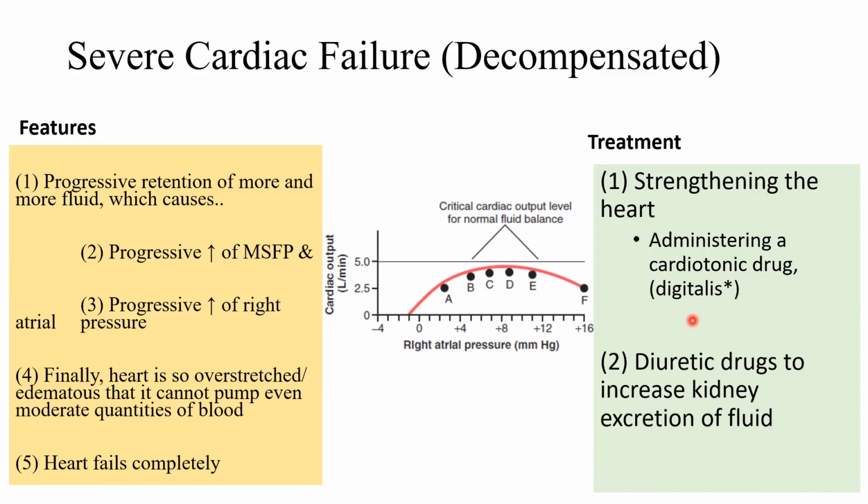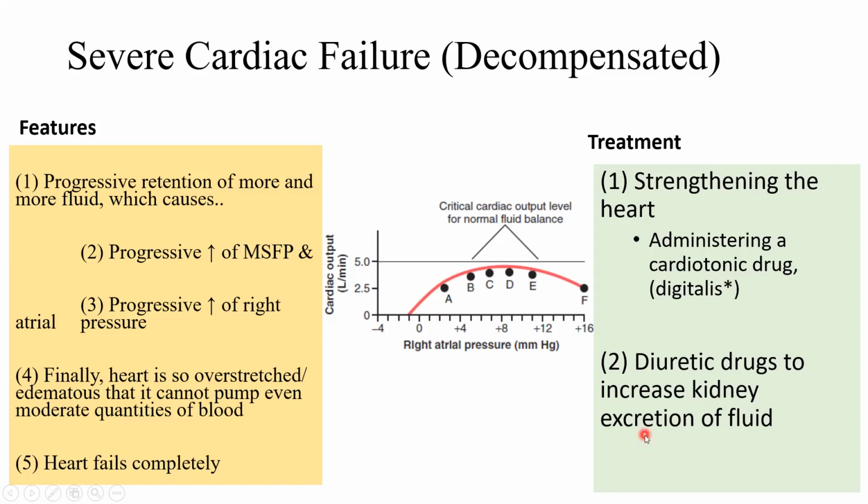What was number two? The number two thing that was menacing in the mild cardiac failure was the fluid congestion, right? The collection of fluid in the tissues or in the lungs. And to address that, and that is basically what has created an absolute frenzy here, the fluid, we give a class of drugs called diuretics, which basically increase kidney excretion of fluid.